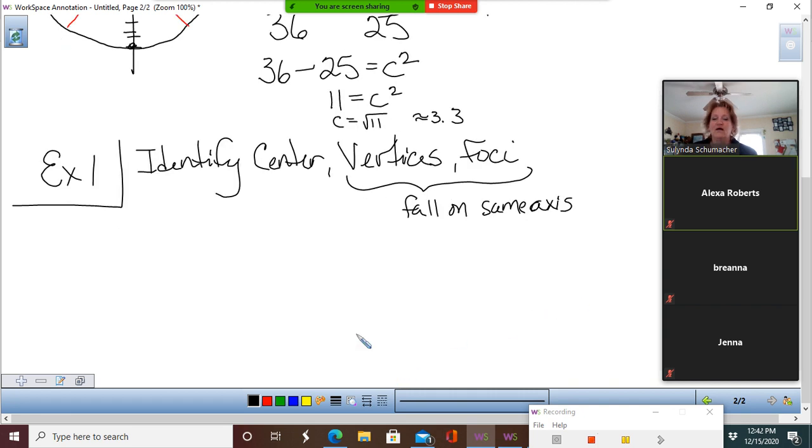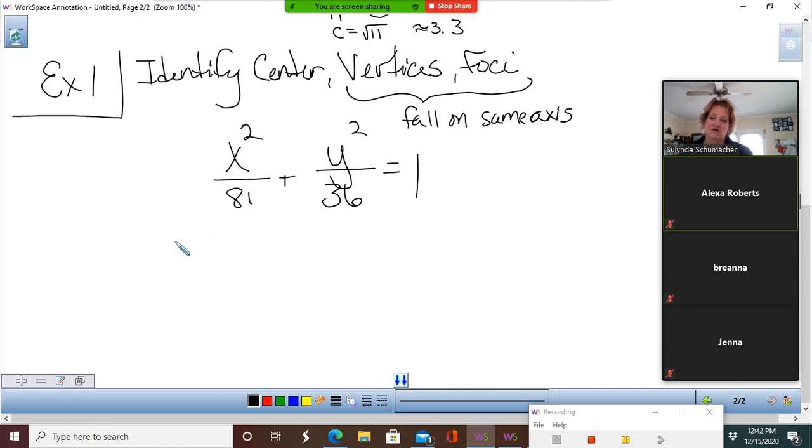Okay. All right. So if I give you the equation, let's say x squared over 81 plus y squared over 36 equals 1. All right. First of all, center. Our center in this case is at 0, 0.